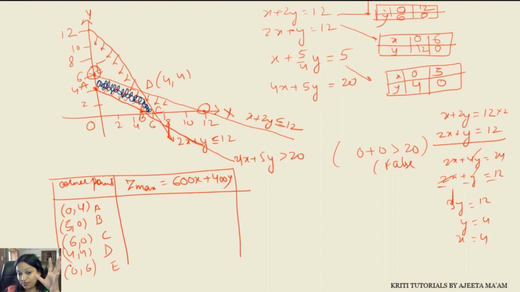Now we will find the maximum value point. So जिस पे हमारा max आता है, let's see. So for the first one we are getting 2400. For the next we are getting 3000. For the next, 6, 0, we are getting 3600. Then for the 4, 4 we are getting 2400 and 1600 is how much? 4000. So 4,000 we are getting. Correct, and for the last one we are getting 2400.